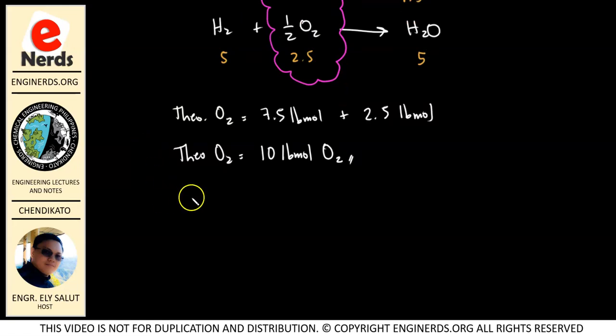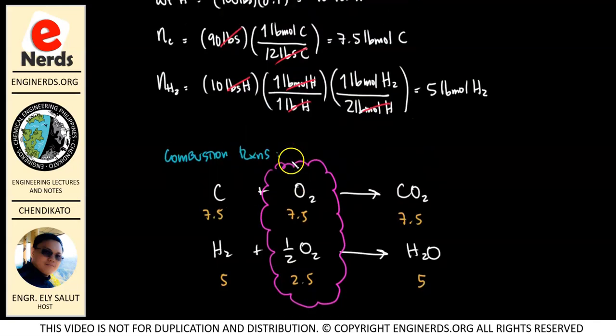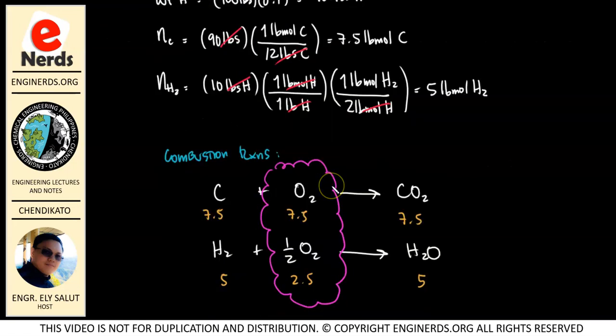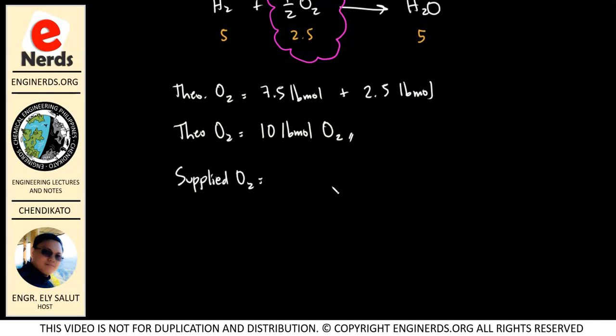Now, how are we going to get yung supplied O2? So, we know that our theoretical O2 is 10 pound mole. Pero, naglagay tayo ng excess air, which is 100% ng ating theoretical air, no? So, what we'll do here is that we have 10 pound mole of O2. Yan yung ating theoretical O2. But then, nagpasok tayo ng 100% excess air.